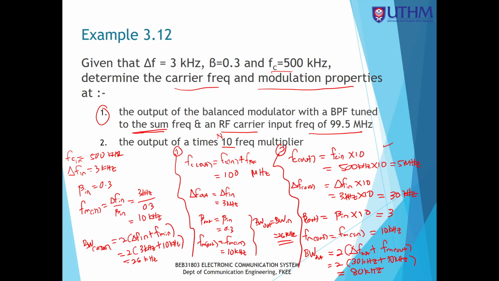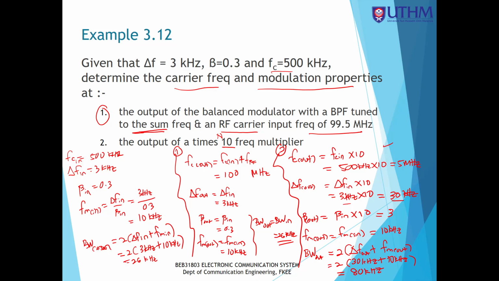So 500 kilohertz multiplied with 10 is 5 megahertz. Delta F out is equal to 10 times delta F in. Delta F in is 3 kilohertz multiplied with 10, so we get 30 kilohertz.